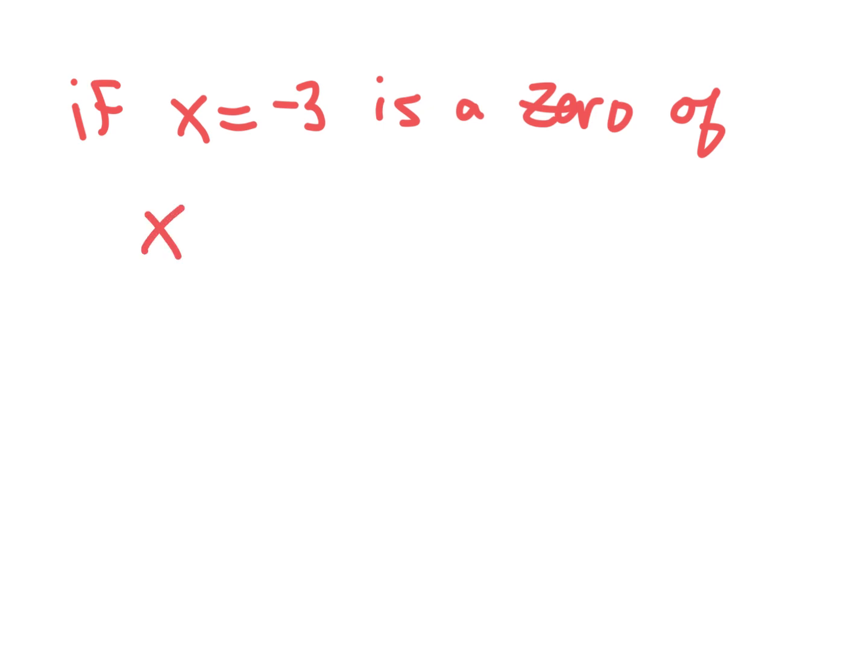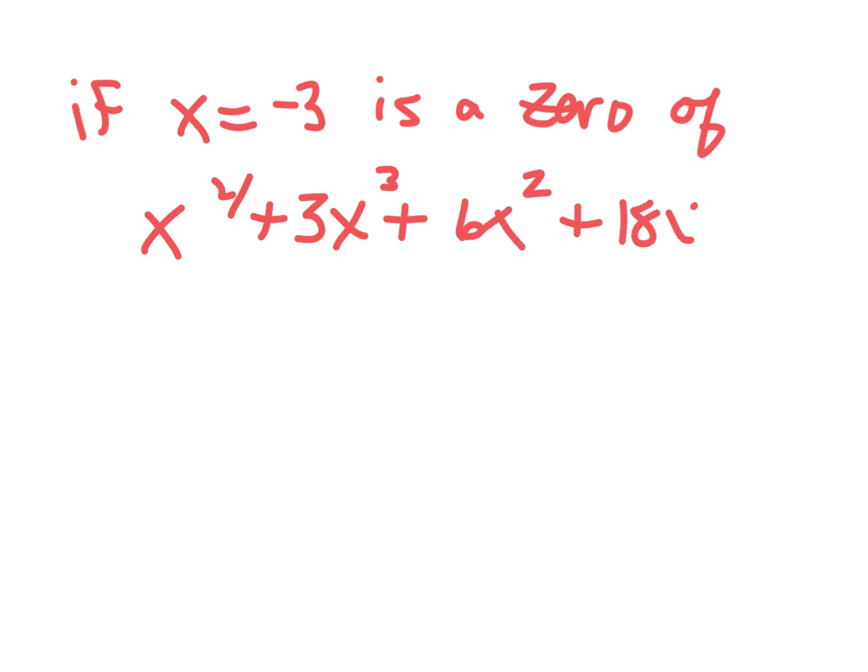If x equals -3 is a 0 of x to the 4th plus 3x to the 3rd plus 6x squared plus 18x, factor it.